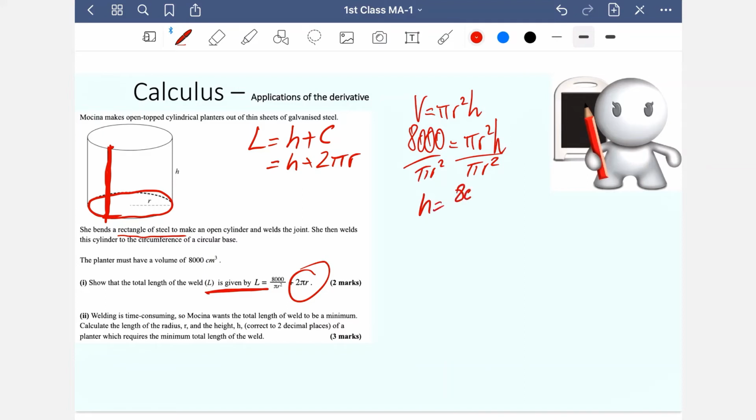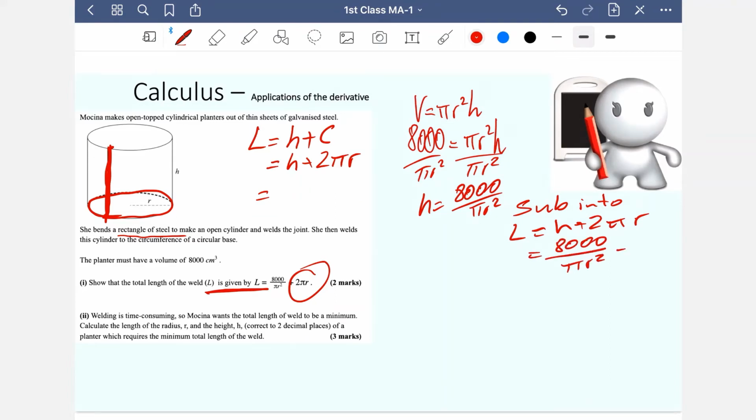H is equal to 8,000 over pi r squared. There's my link, and now I'm just going to substitute that in there. So sub into L equals H plus 2 pi r. So 8,000 over pi r squared plus 2 pi r.